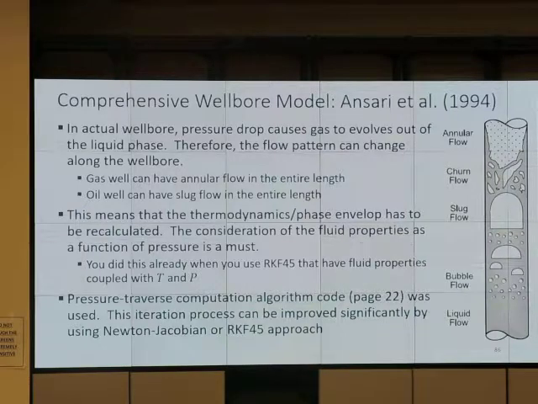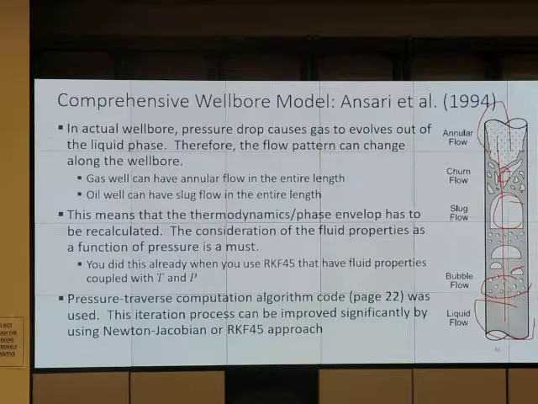Let's use the comprehensive Ansari et al. model. It's very good. In the wellbore, you may start with single phase and you may have some bubble flow, some cap, some slug, some churn, and annular flow. Why do they draw it like this? Why is that?